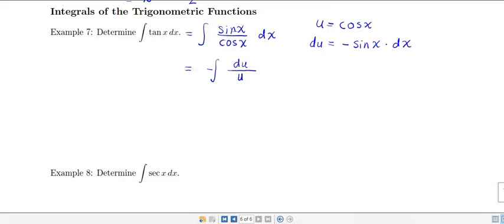Cosine of x is u. So the antiderivative is negative ln of absolute value of u plus c. And now we have the antiderivative of tangent of x equals negative ln of absolute value of cosine of x plus c.